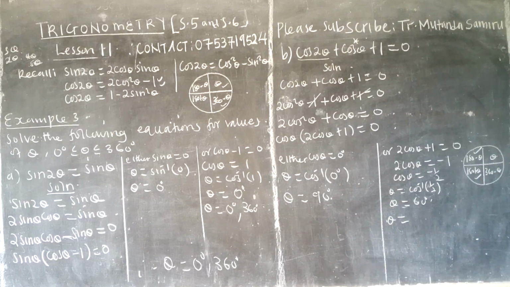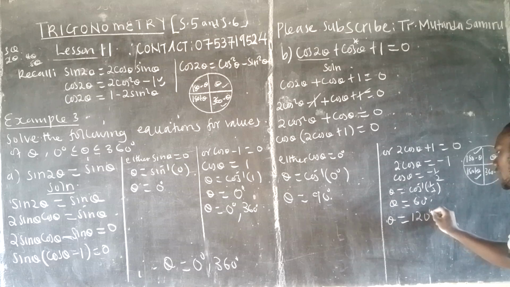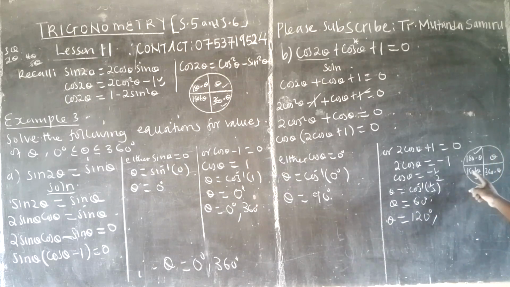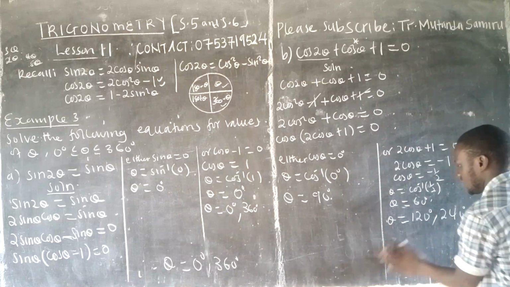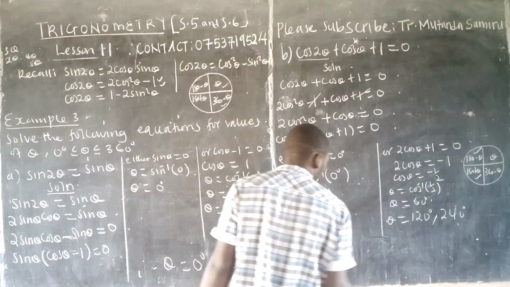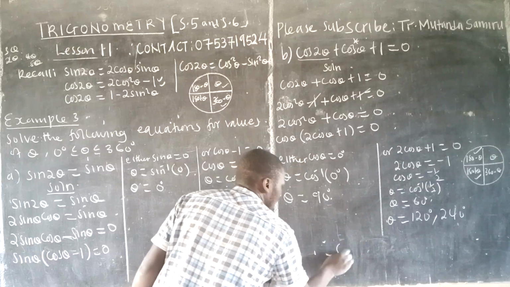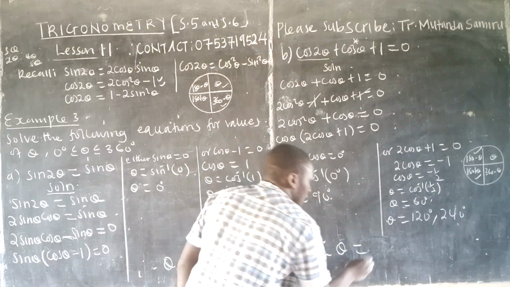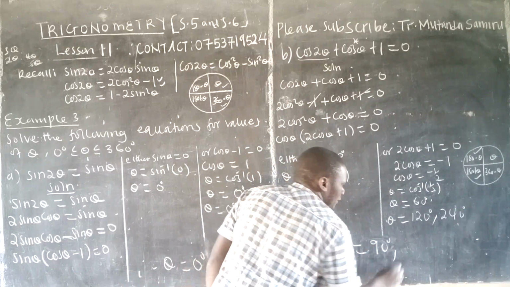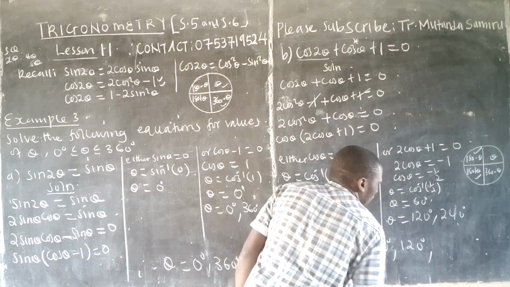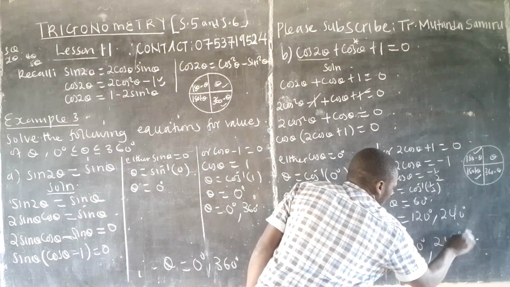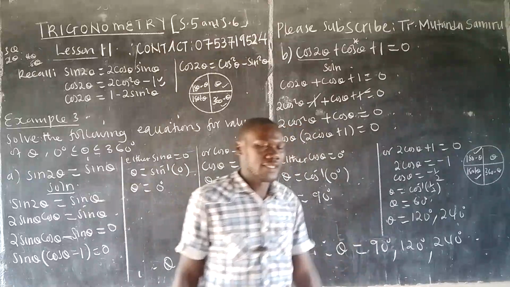So which answers are we going to take? The first thing is 180 minus theta, but this is your theta. So 180 minus 60 will be 120, comma, 180 plus 60 will be 240. Like that. Then you can come and say that therefore my answers will be, start with 90, comma, 120, comma, 240. Simple as that.